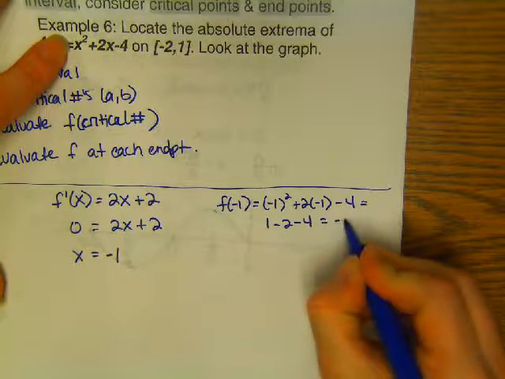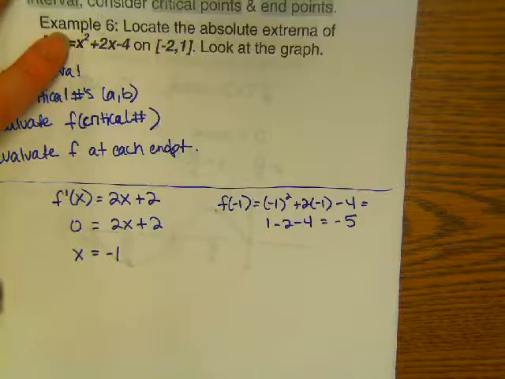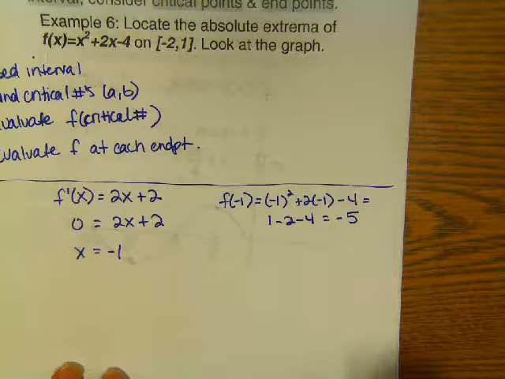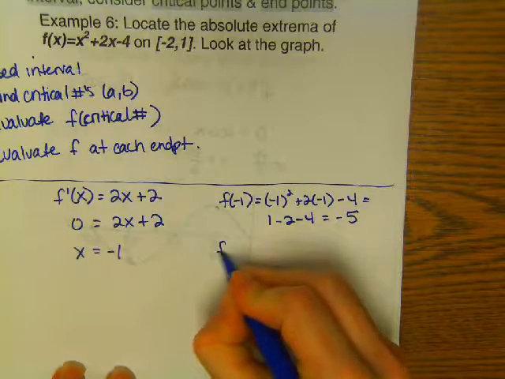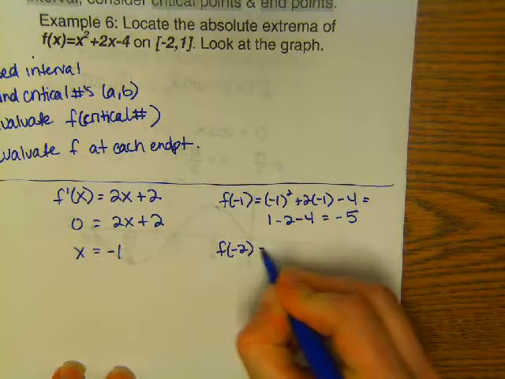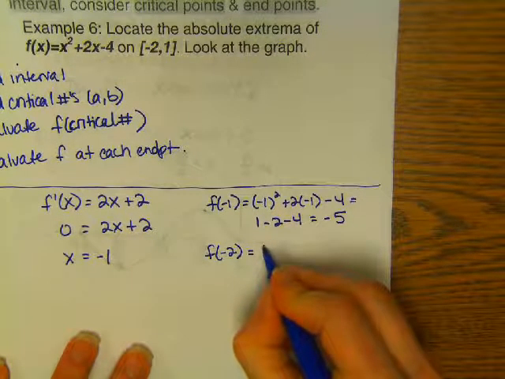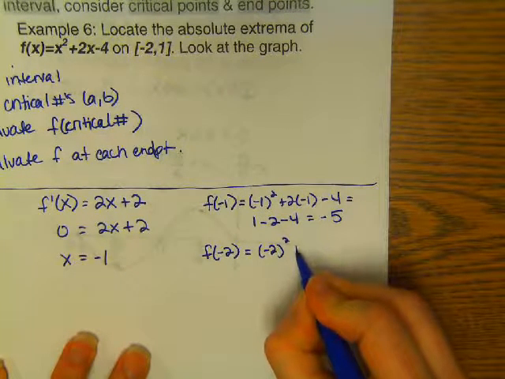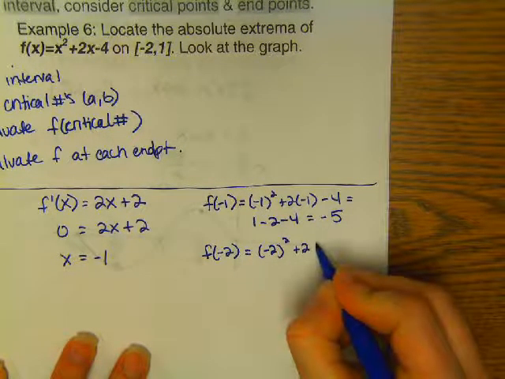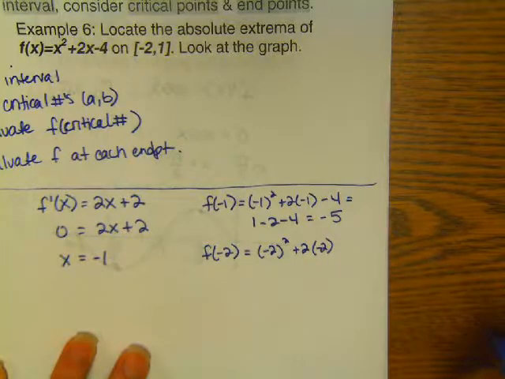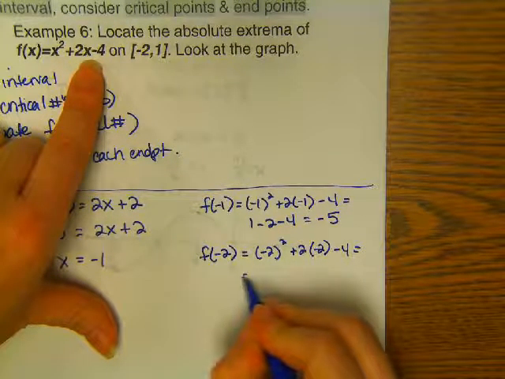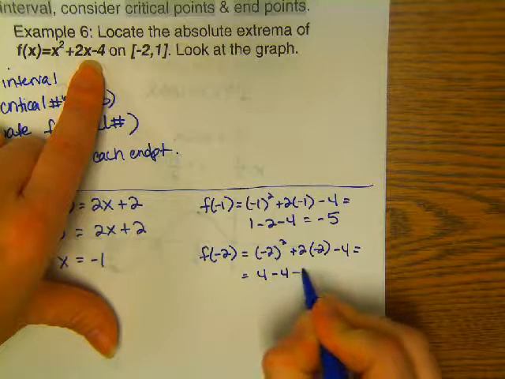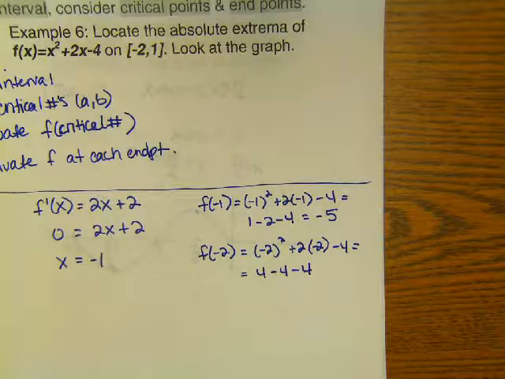Alright, so then I have to evaluate f at each endpoint. So f of -2 is -2 squared plus 2 times -2 minus 4. So I get 4 minus 4 minus 4. And I get a negative 4 for that.